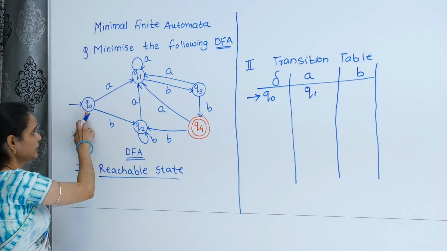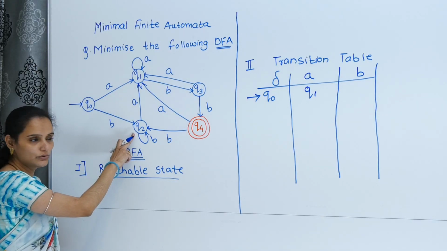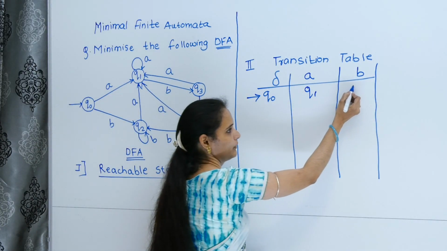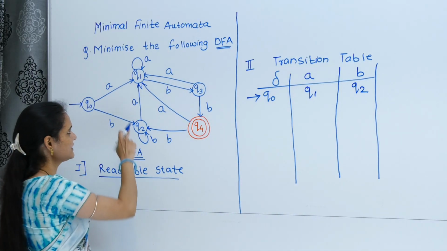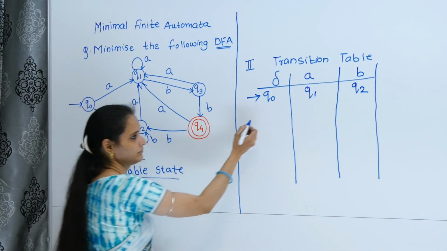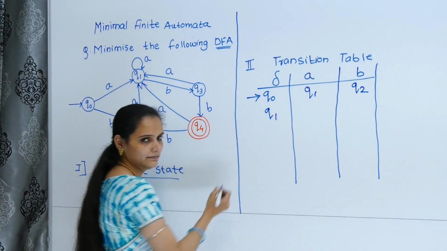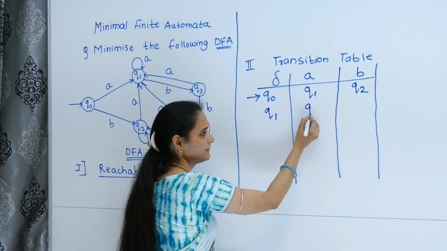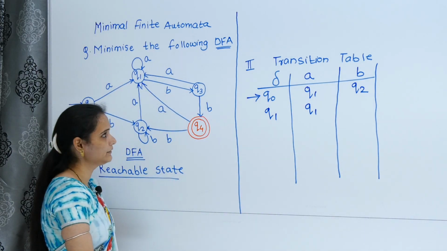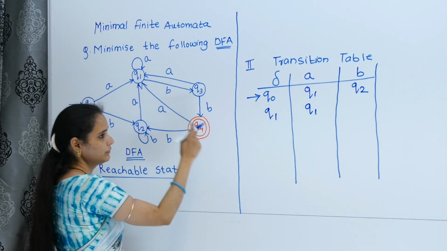Q0 on B goes to Q2, so here Q2. Then the next state is Q1. Q1 on A goes to Q1 itself. Q1 on B goes to Q3.